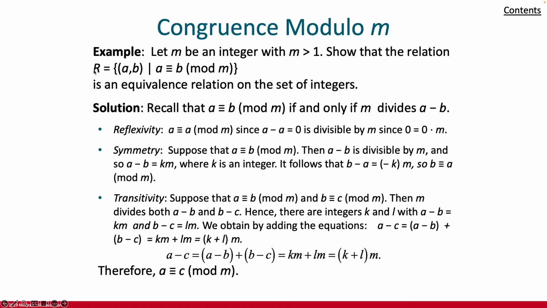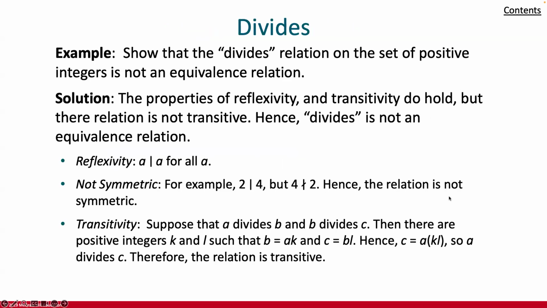Show that the relation R such that A R B if A is congruent to B modulo M is an equivalence relation on the set of integers. So you can walk through that definition, but using my analogy of just thinking about how we handle time, and we, without thinking much about it, can use modulo 60. Maybe that will help you to get some perspective on what we're trying to address there.